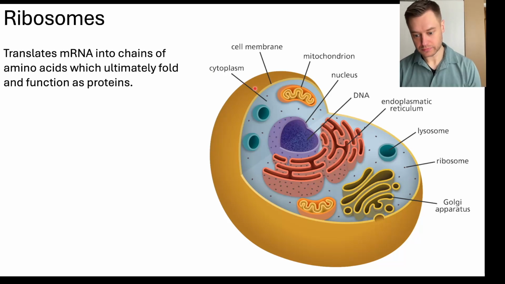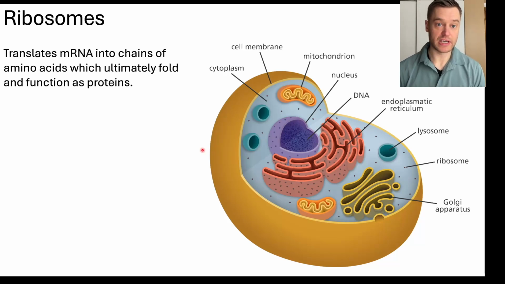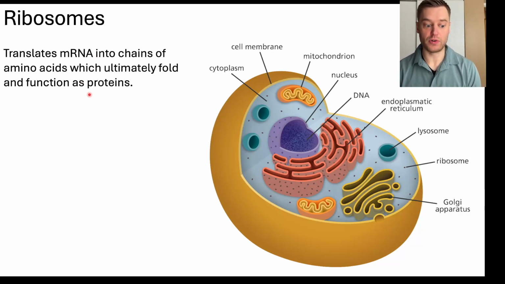Ribosomes, which are these little dots that are basically all over the place, translate messenger RNA into chains of amino acids, which ultimately fold and function as proteins. So if you don't have basic chemistry, you should just know what proteins are made of. Proteins are just chemicals that are made from amino acids, and they have particular components.